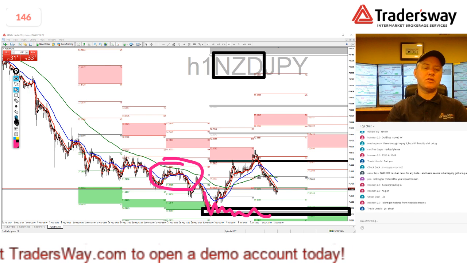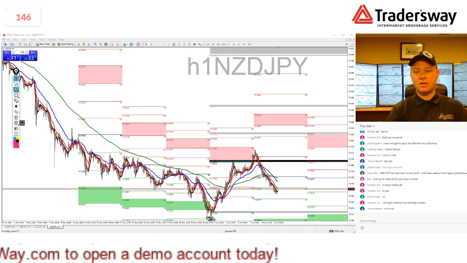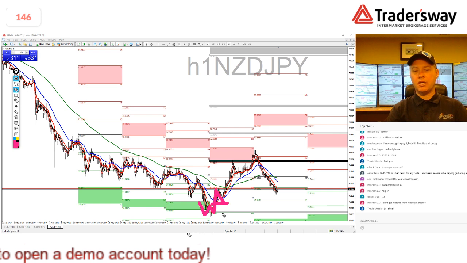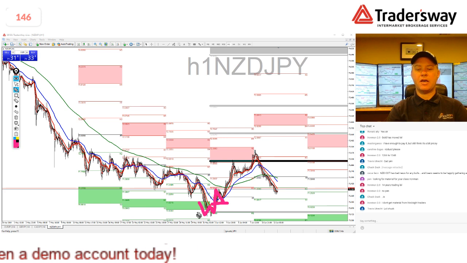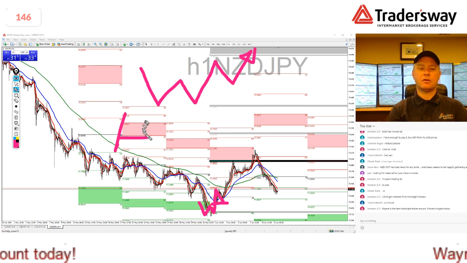Now, what does a reversal pattern look like? Well, first of all, a whole week has to go by, and finally we hit this. Then there's a double bottom, higher high, higher low, 1, 2, 3. Is that a reversal pattern? Yeah, we call this a hammock.